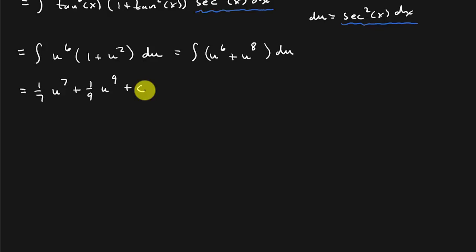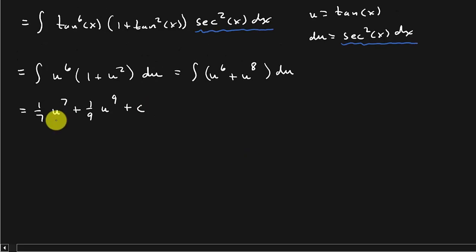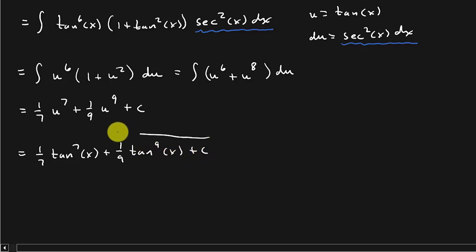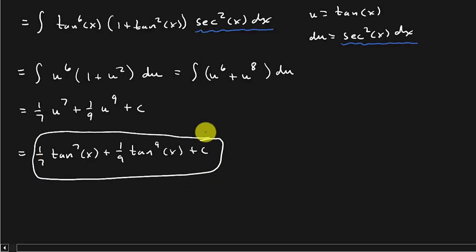And then in the place of u, we're going to plug tangent x back in. And so that's going to be 1/7 tangent to the 7th x plus 1/9 tangent to the 9th x plus c. And there's your answer. All right, let's look at the next problem.